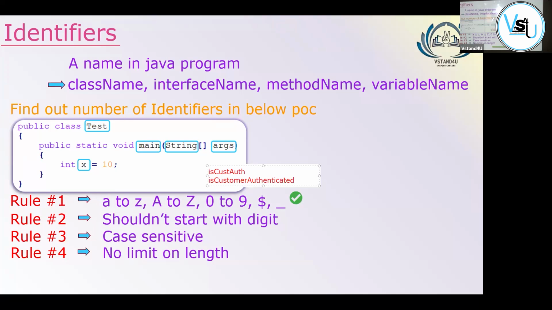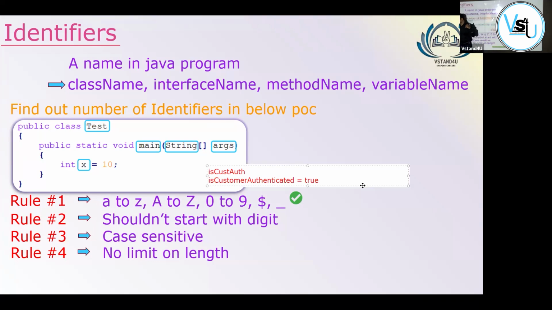I'll give the value true or false. Say I am creating a variable. What is customer authenticated? I want to check whether a customer is authenticated or not. The ID password combination, we have checked it or not. We will do these kinds of activities in upcoming sessions. But are you understanding? If I give a name, isCustAuth, only you understand this.